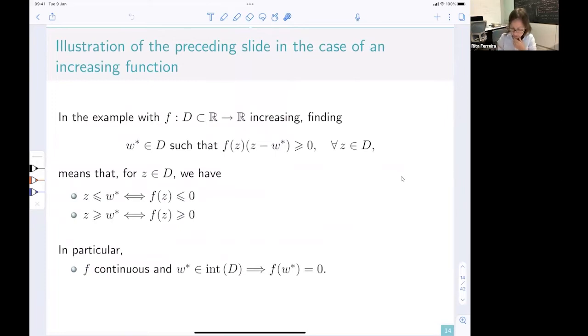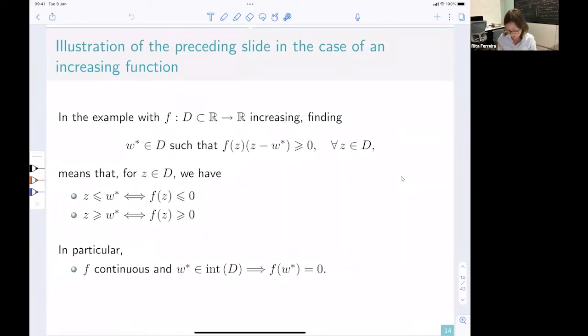If we go back to our increasing function f, what does it mean to be a weak solution, a solution to the weak formulation, which is rewritten here in terms of the function f? Well, it means that if you take z to the left of your W star, then f is non-positive, otherwise it is non-negative. So if we don't know anything more in particular, say that this W star is in the domain of f, all we can say is that it is a point at which f has a different behavior to the left or to the right.